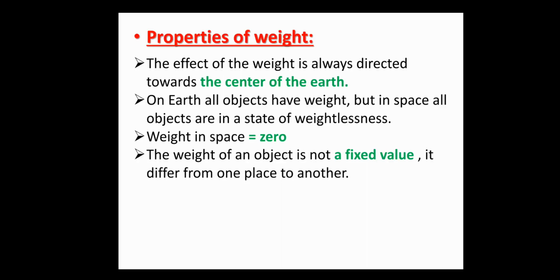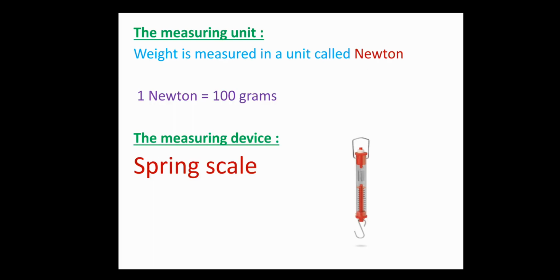What is the definition of the weight? Weight is the force by which the object is attracted to the earth. And the effect of this weight is always directed toward the center of the earth. On earth, all objects have weight because the earth has gravitational force, so it has a force that attracts the object to the earth.